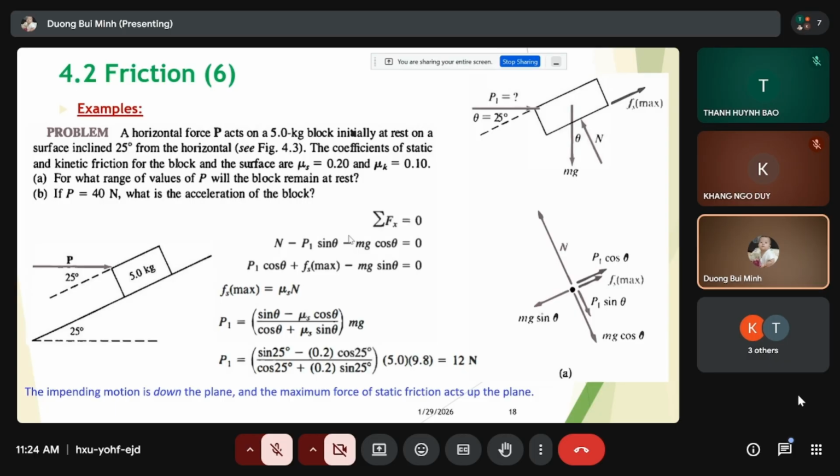And this is V. If I translate V here, and this one is the moving direction, so this one is Fs max. Okay? So this one is X, this one is Y.